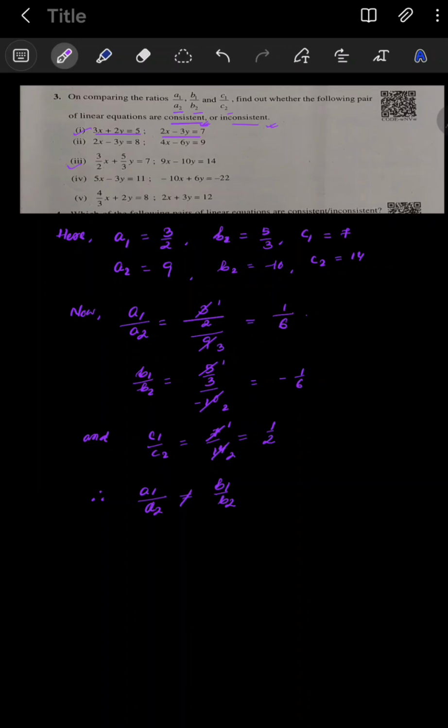If they are not equal, it means there is exactly one solution. As I told, if there is a solution, the pair of linear equations is consistent. So we write, hence the pair of linear equations is consistent. This is our final answer.